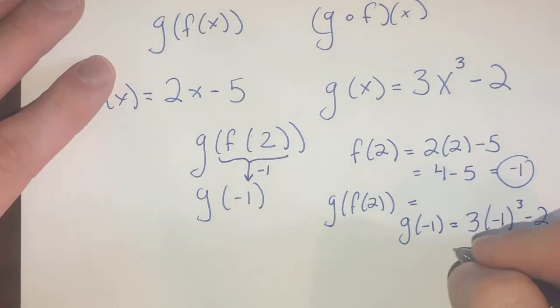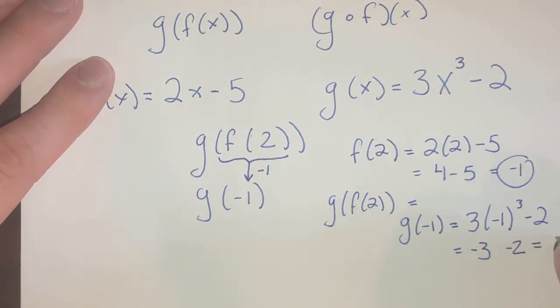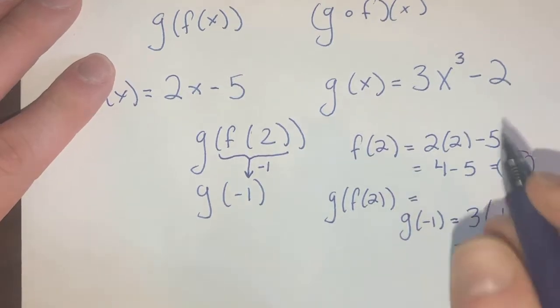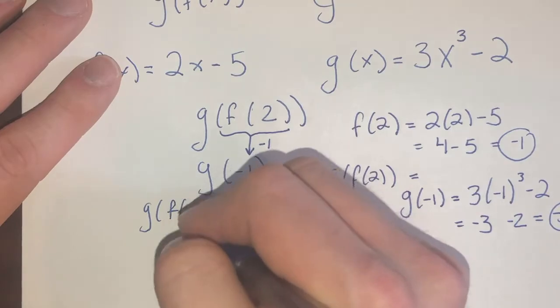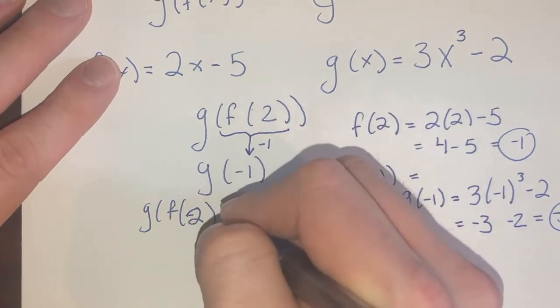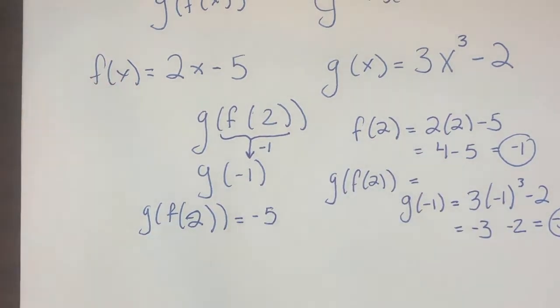Negative 1 cubed is negative 1, and when you multiply by 3, you get negative 3, minus 2 is negative 5. Therefore, g of f of 2 is equal to negative 5.